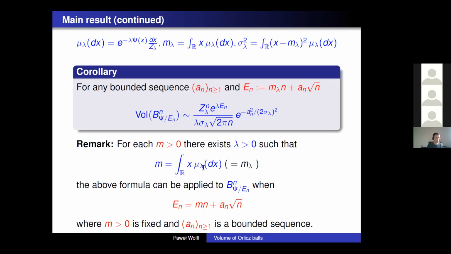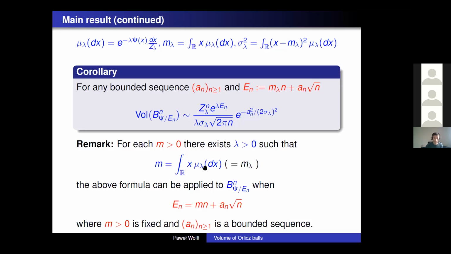So first I presented the result in a way that you fix the parameter lambda, and then you have some characteristics like this m being the mean of psi of x with respect to this measure, but you can reverse it, fix these characteristics and find the parameter lambda that fits, and it's always possible.